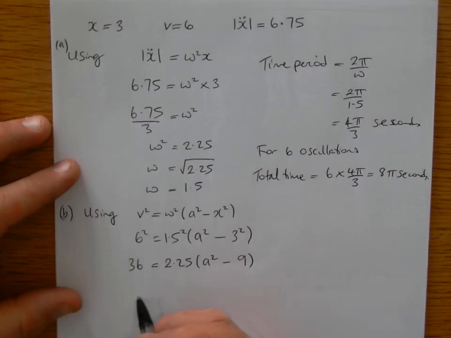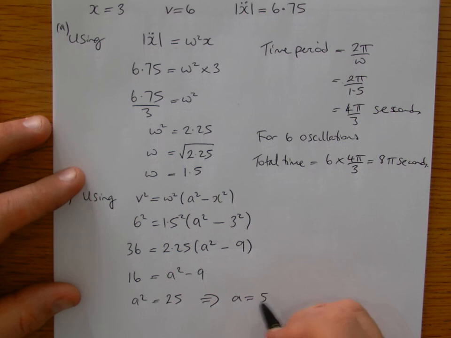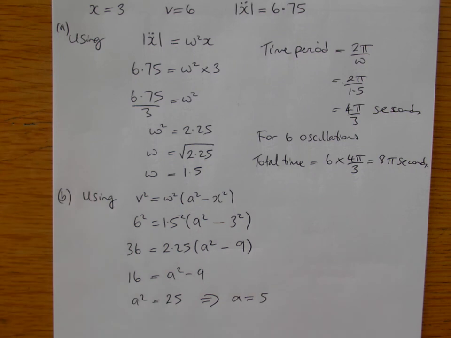Perhaps we'll take that over or divide through by 2.25. So you get 36 divided by 2.25 is 16. Then you can see A squared is 25, which means A is equal to the square root of that, which is 5. Again, positive, because amplitude is measuring distance.